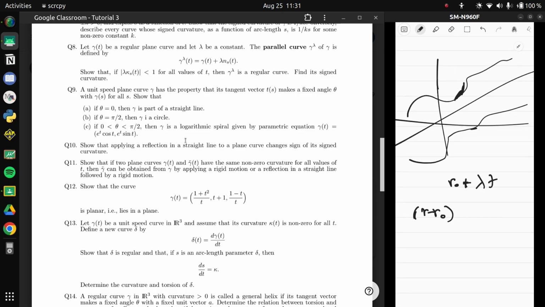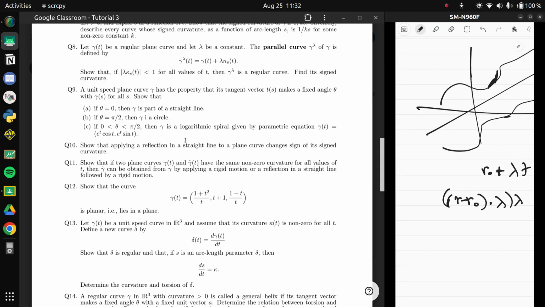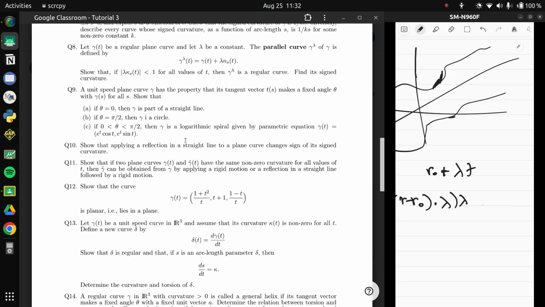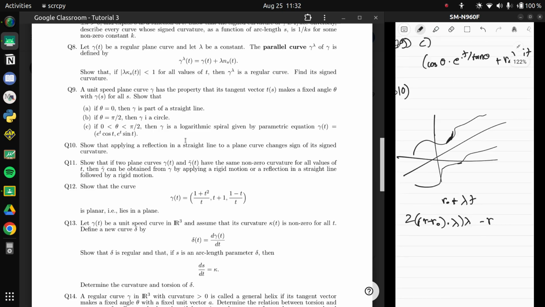Okay, so you take the dot product of that with lambda, that gives you the component in that direction. So this times lambda once again, right? Yeah, so subtract that and you reverse that, and then you do that. Okay, so it's just 2 times this minus r. That's your new vector.